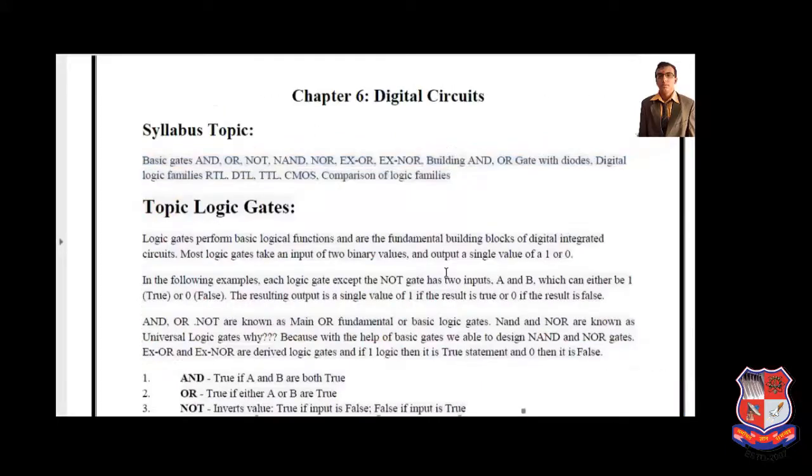First of all, logic gates perform the basic logical function and are the fundamental building blocks. What is the input of logic gate? Either 0 or 1, that can be considered as the input of logic gate, and it can operate with digital signal only.